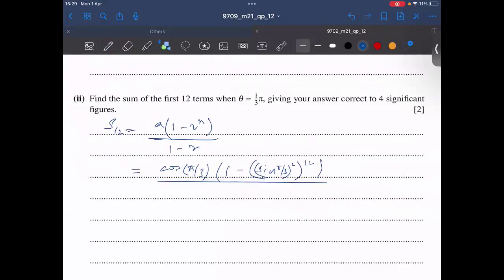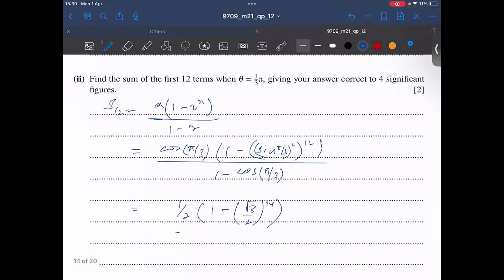All right, and then we're going to have 1 minus cos pi by 3. It's going to be half times 1 minus, can you do it for me, Mr. Imad Ahmed? It's going to be square root of 3 over 2 to the power of 14, divided by half.